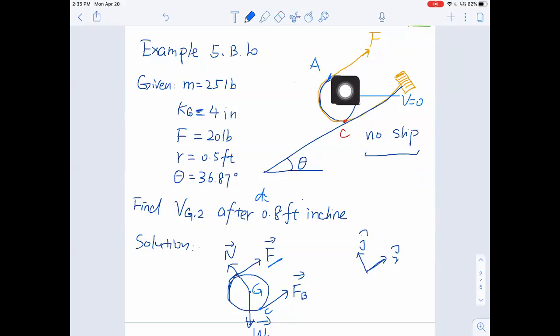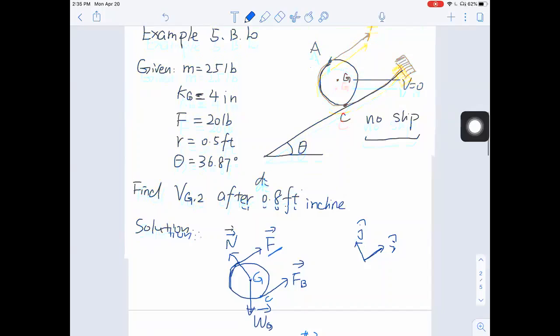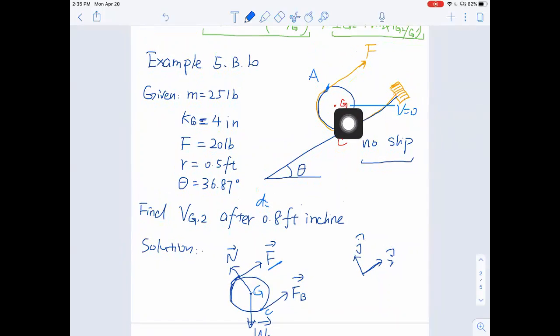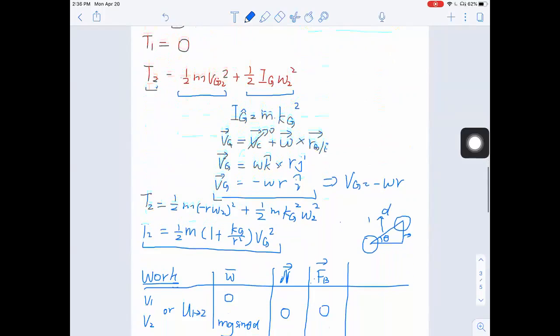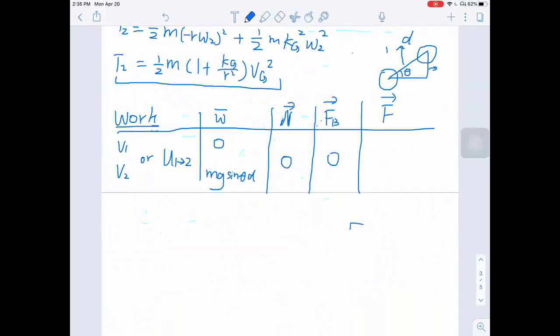Therefore, if our point G is traveling up the ramp for distance d, since point A has 2 times larger speed than point G, point A is traveling 2 times longer than point G. So here, the work done by F equals 2 times FD.